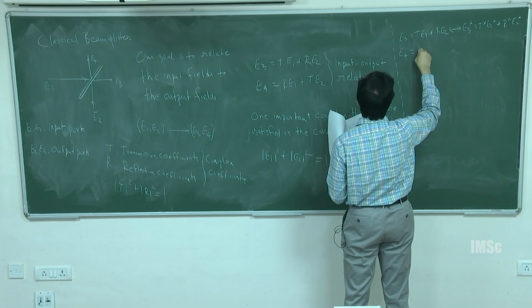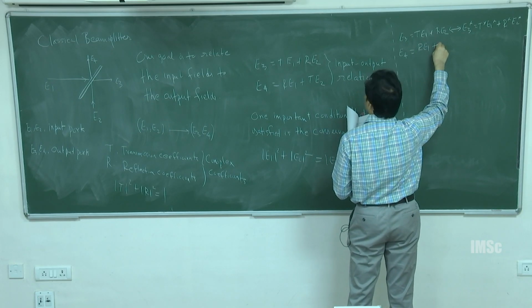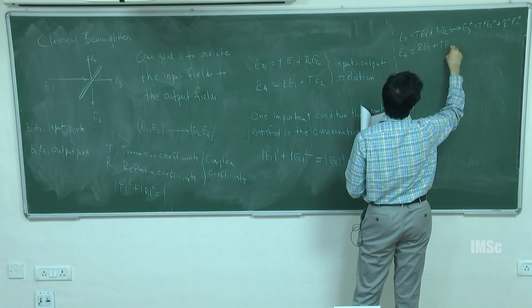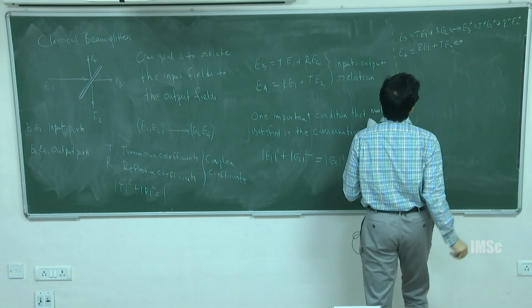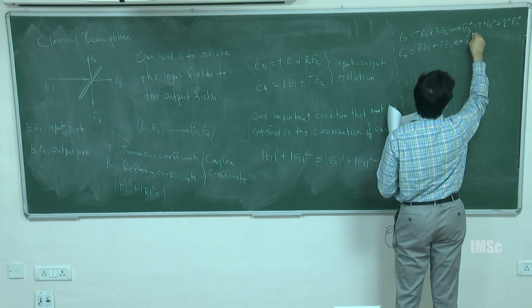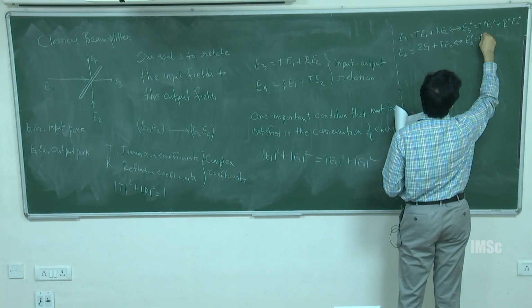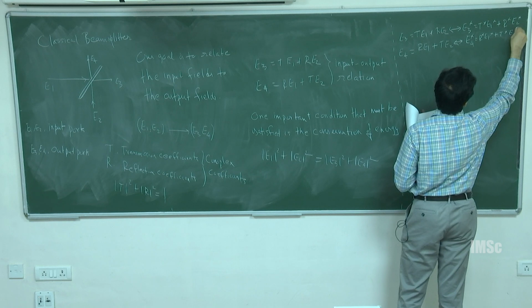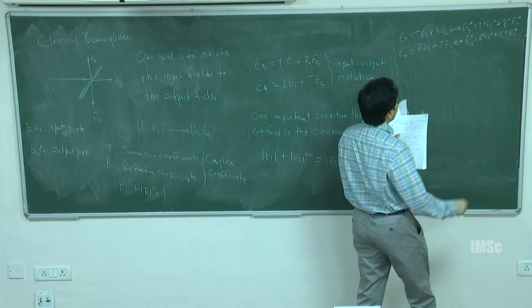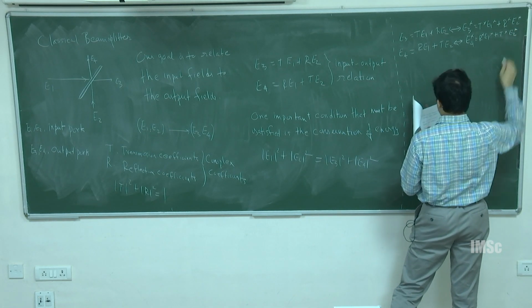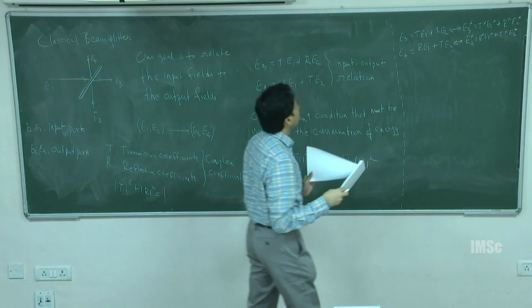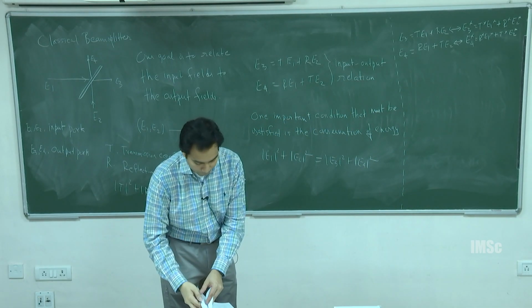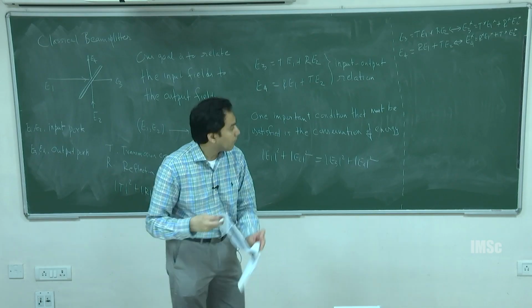Likewise, E4. Now we can calculate mod E3 square and mod E4 square.